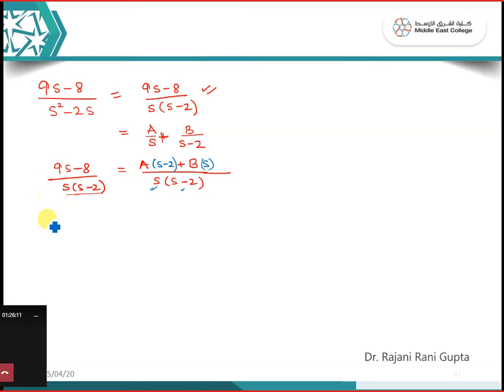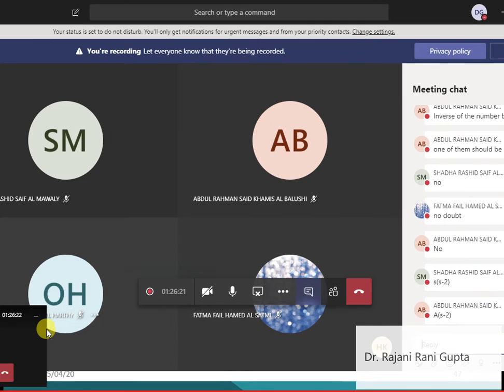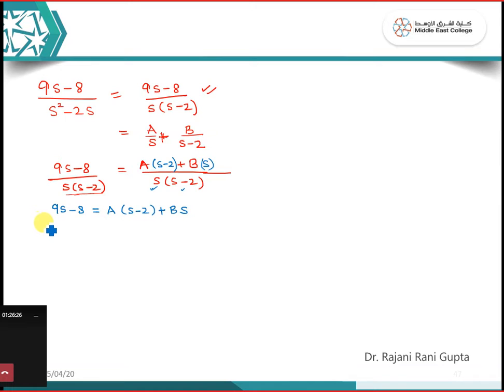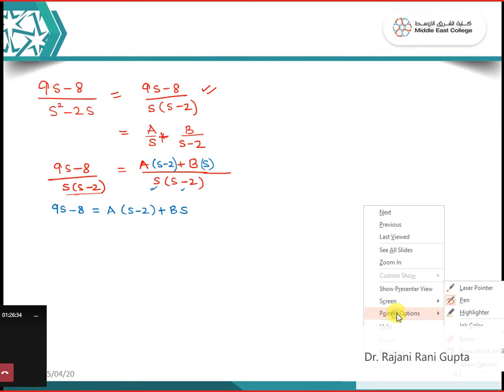So now comparing the numerator, you get 9s minus 8 equals a times s minus 2 plus b times s. Okay, good, correct. Now we have to look for two different values of s to get the values of a and b.